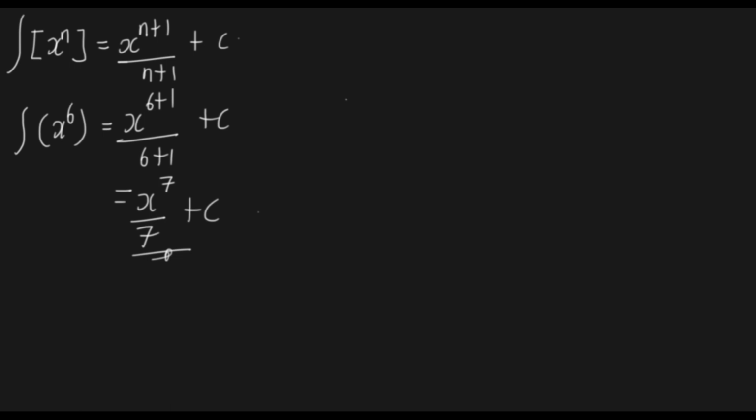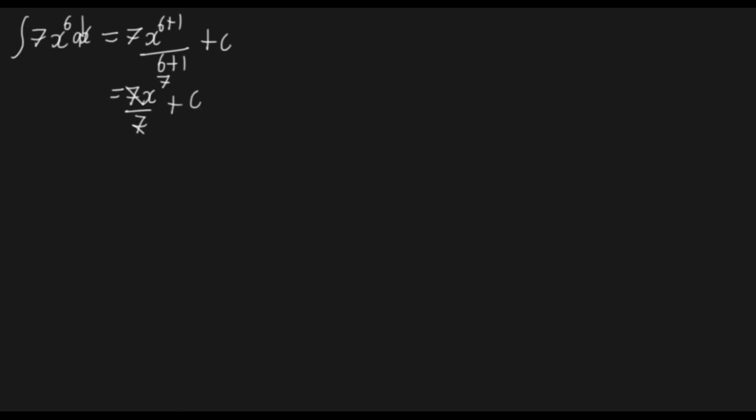Now let's look at examples. We are going to integrate the following. Let's have the first example: the integral of 7x raised to the power 6 dx. This can be 7x raised to the power 6 plus 1 over 6 plus 1, plus some constant. So we have 7x to the power 7 over 7, plus c.